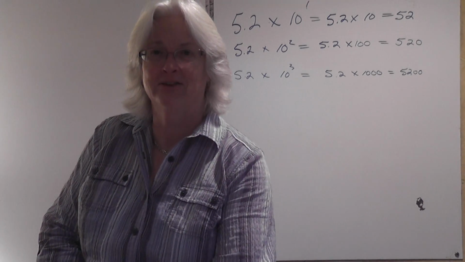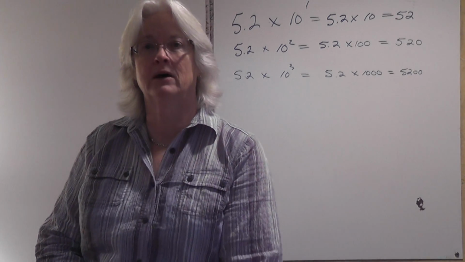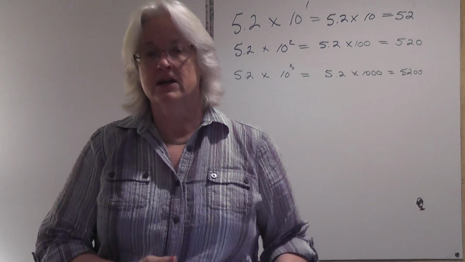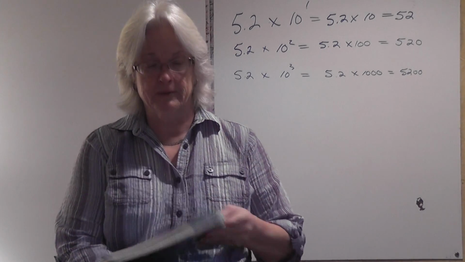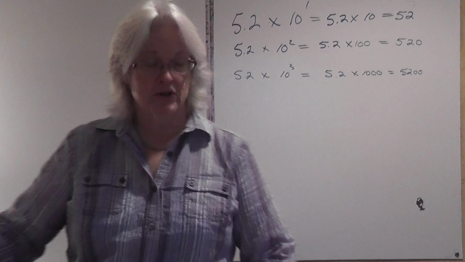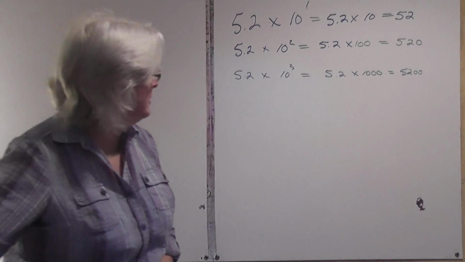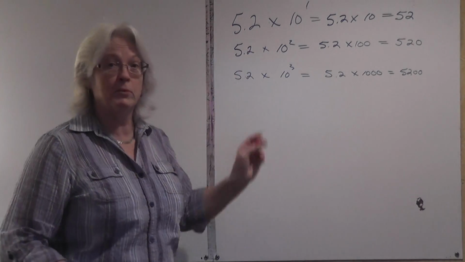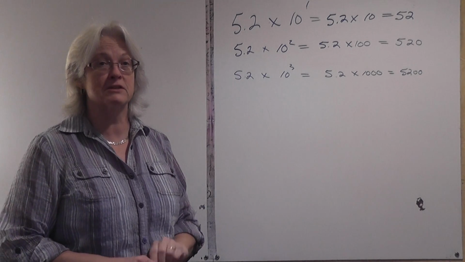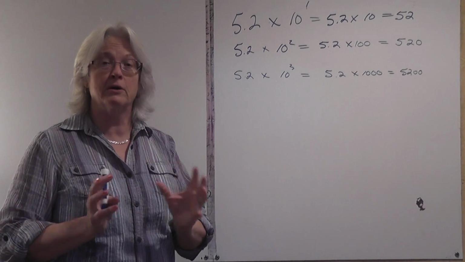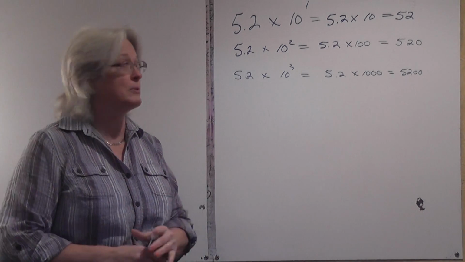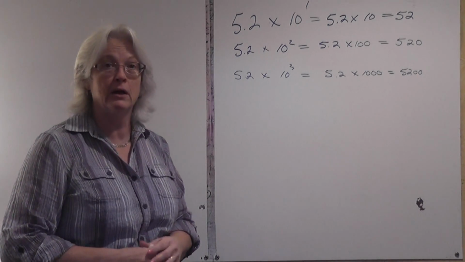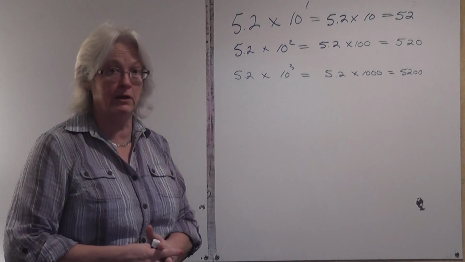So let's go ahead and dive right into this whole concept of scientific notation and see what we can come up with. First off, I've written three statements here on the board, and let's look at this and review shortcut methods that you've learned in the past for multiplying by a power of 10.